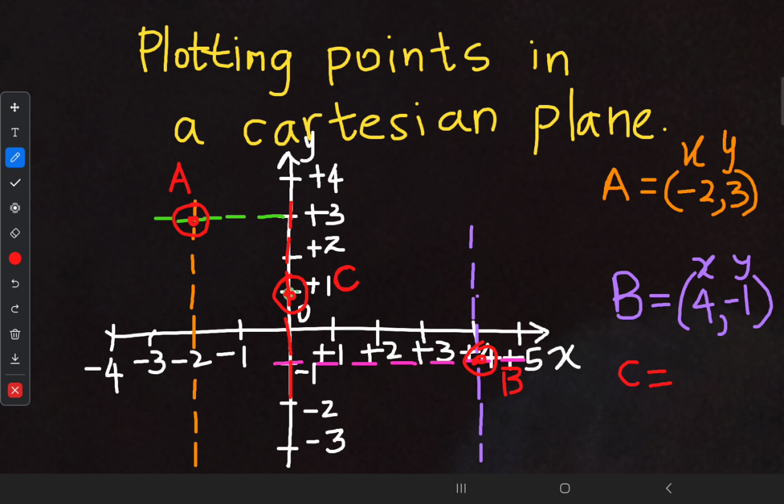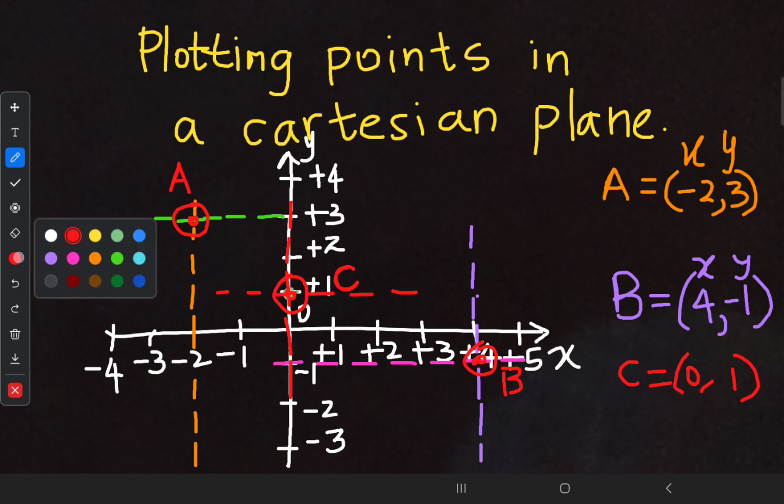So in this place the x value is 0, and we have to draw another line going through the y value, that is positive 1. So C is equal to 0 comma 1. This is the coordinate for the point C.